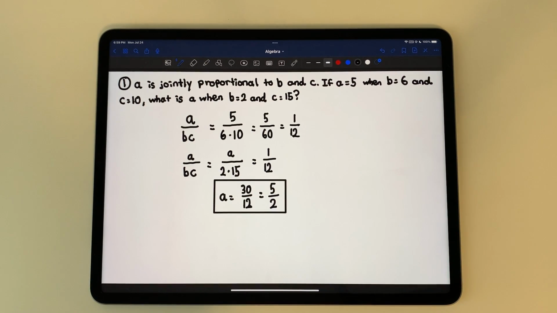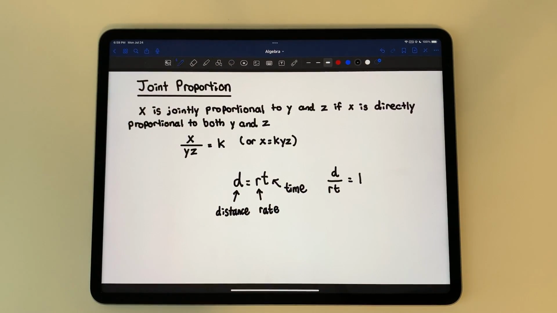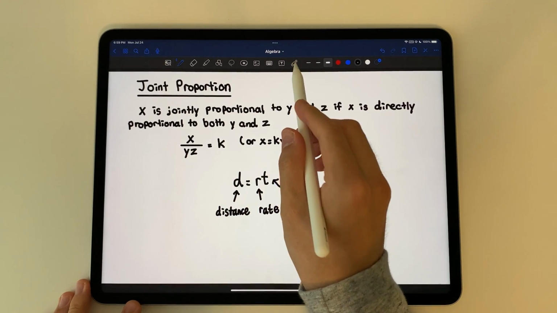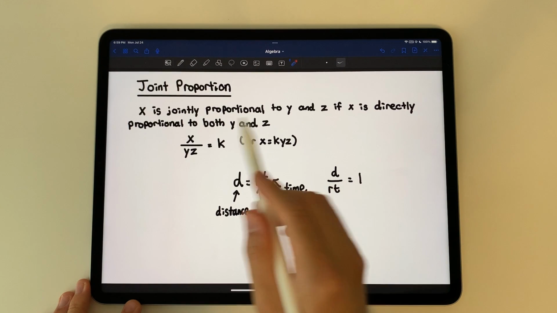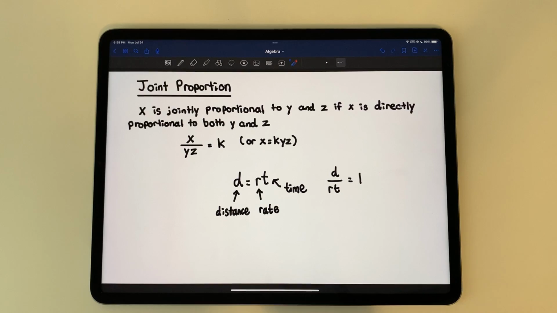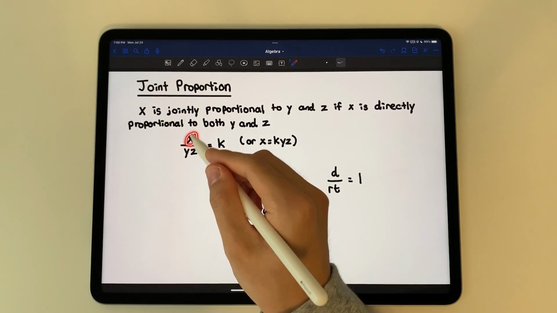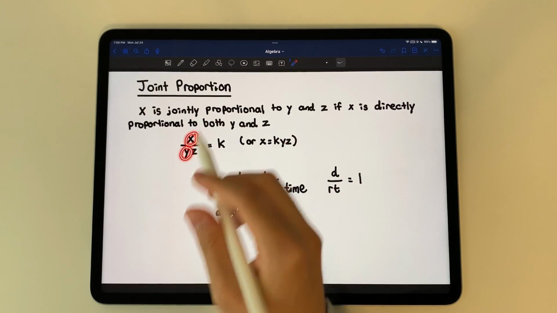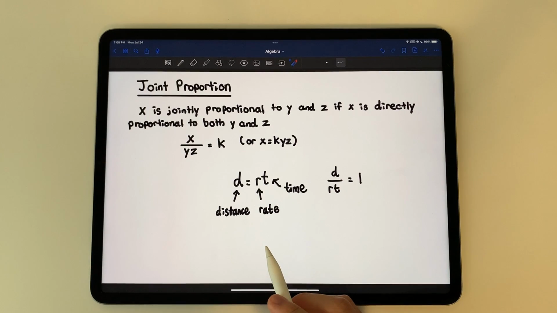And there we go. And in fact, I actually forgot one thing over here, so I'm just going to go back. In case you're a little confused about this part, x is directly proportional to both y and z. Let's take a look over here. So we have an x on the top and a y on the bottom. I want you to just ignore the z for now.